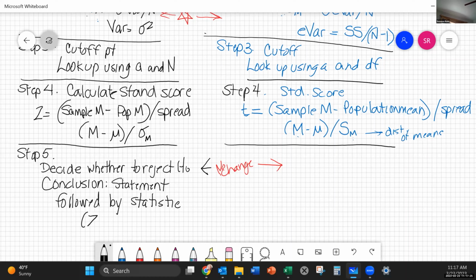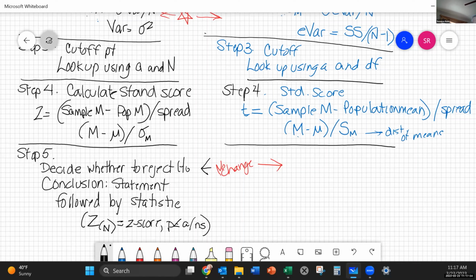We write Z, and then here we write N. Remember, we write that little N, the number in the sample, and then we put the Z-score. And then we put either the p-value or p less than the significance level, or we write not significant.